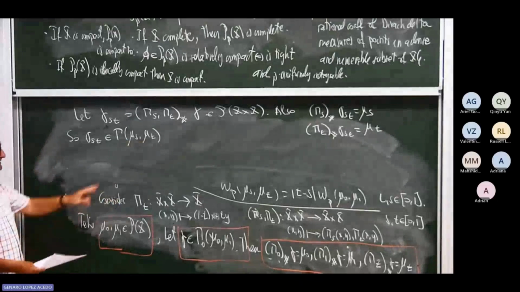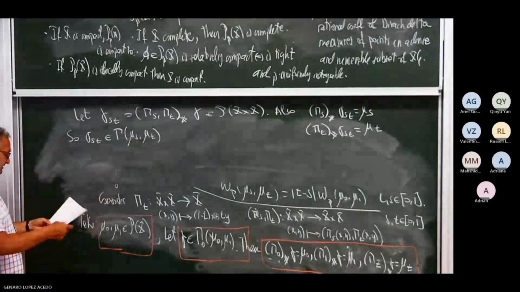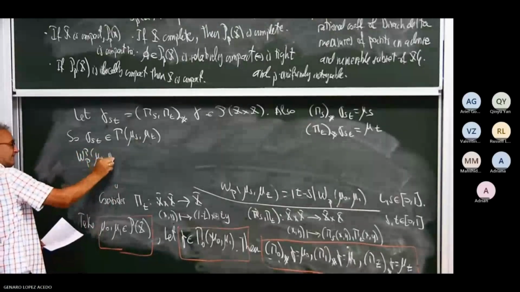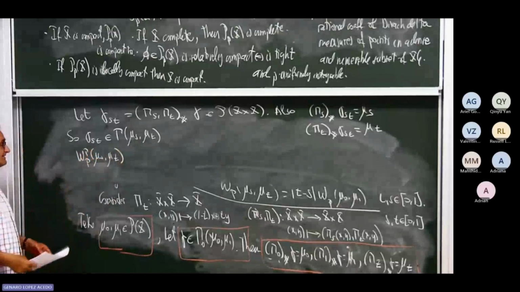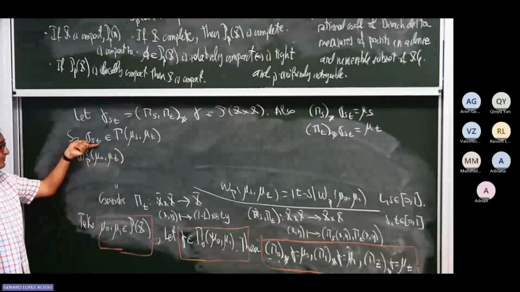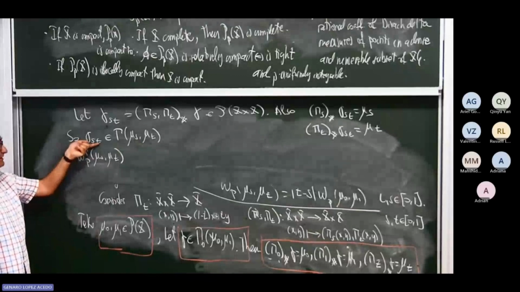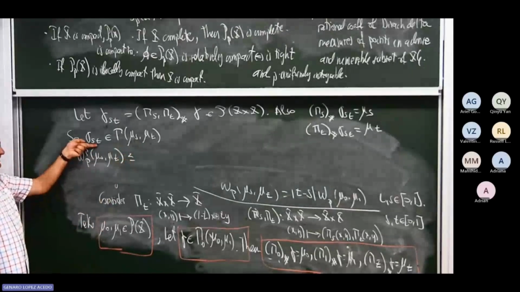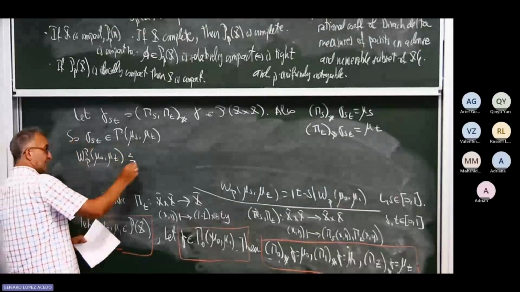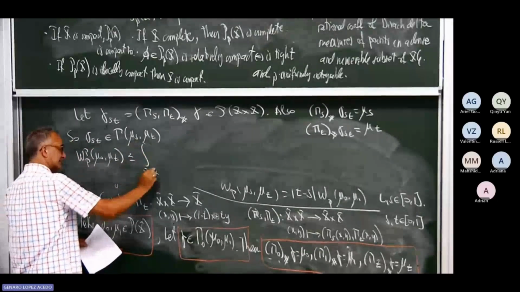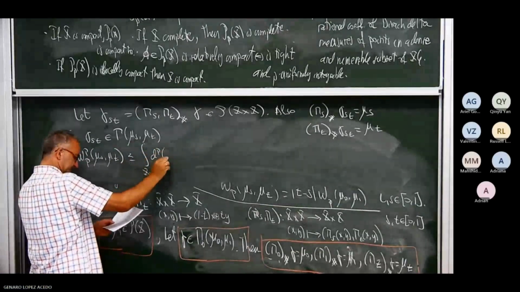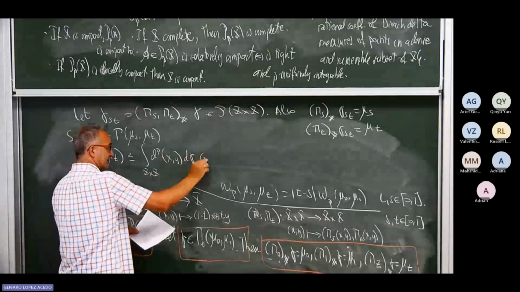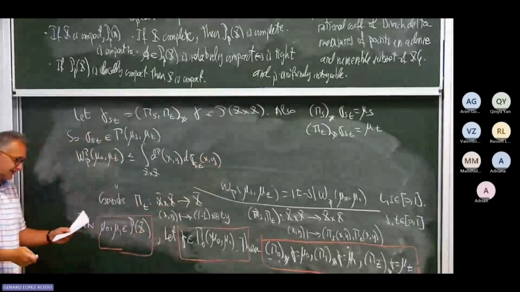Now, what about the distance of these two probabilities? Since it is the infimum of all the integrals with respect to couplings, we can say that this is less than or equal to the integral of d(x, y) with respect to this particular coupling gamma_st.